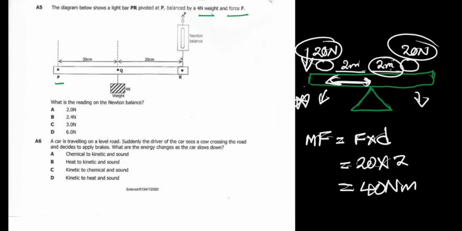The same is true for the moment of force on this particular side. So it is going to be the same, where you are going to get the moment of force is equal to 40 Newton meter. So because the moment of forces are balanced, then the block here, or the wooden block, is actually balanced at the pivot.